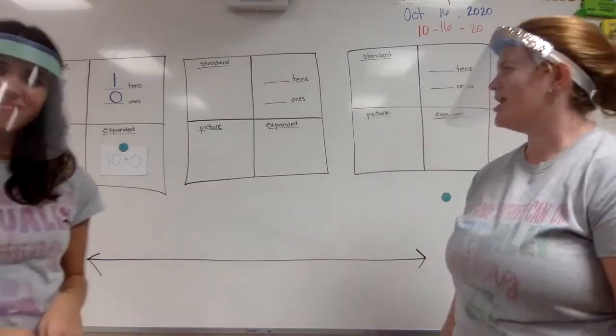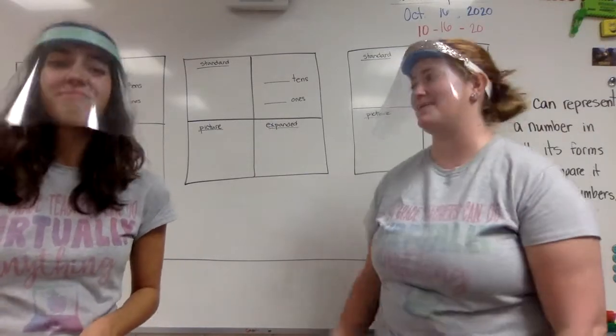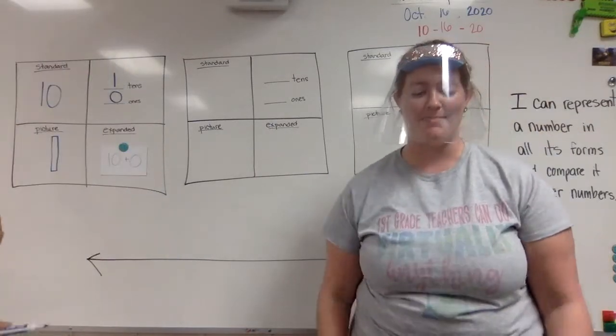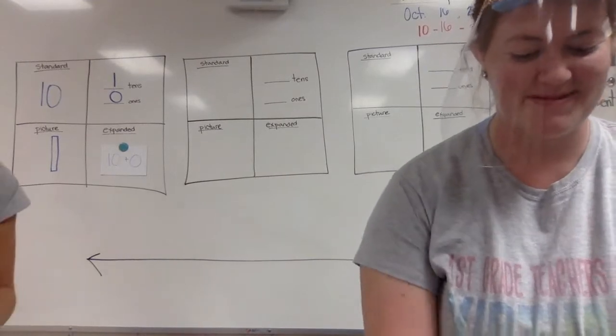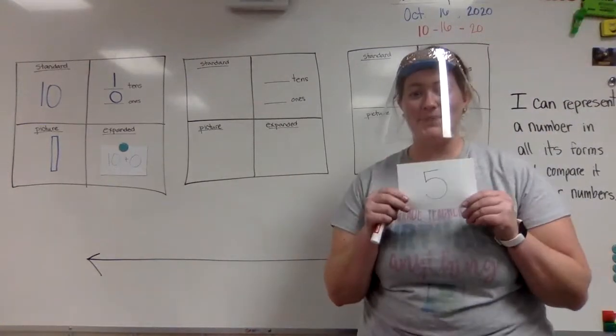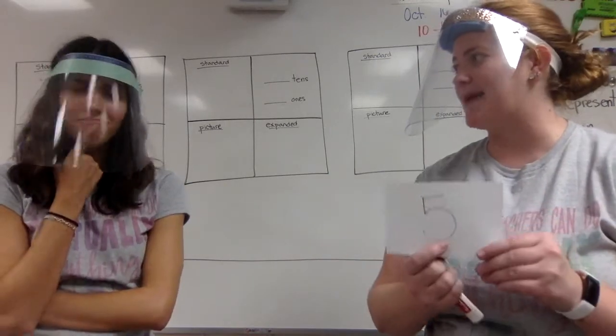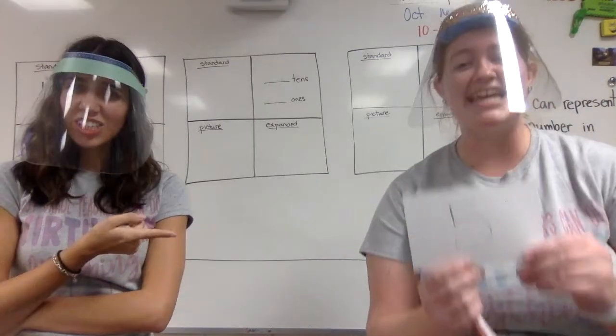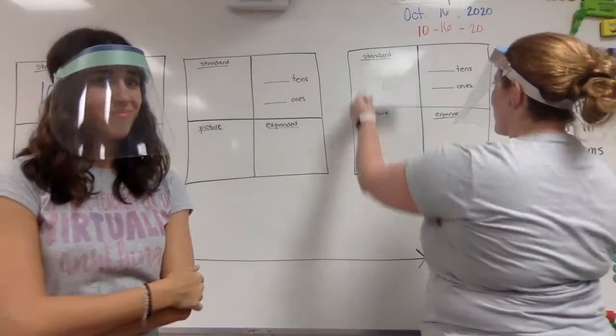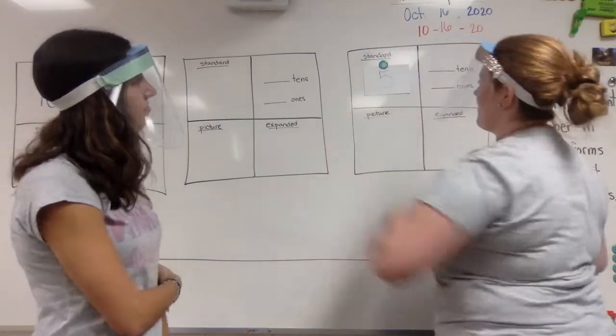Wow, Miss Lestico, you must have really been learning this unit because you did that no problem. Okay, my turn. Let me see. 5. Ooh, and this is how I would normally see a number. So this is the standard form, so I'm going to put that in my standard form box.